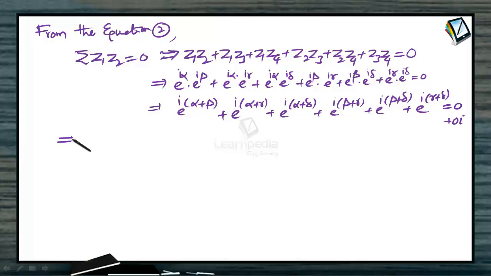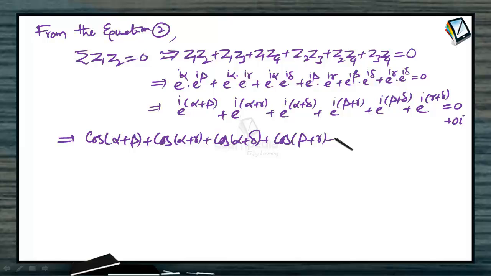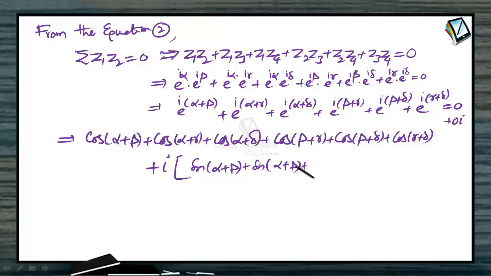Hence this becomes cos of alpha plus beta plus cos of alpha plus gamma plus cos of alpha plus delta plus cos of beta plus gamma plus cos of beta plus delta plus cos of gamma plus delta, plus i into sine of all these terms once again, from alpha plus beta to the last term, sine of beta plus delta and sine of gamma plus delta.